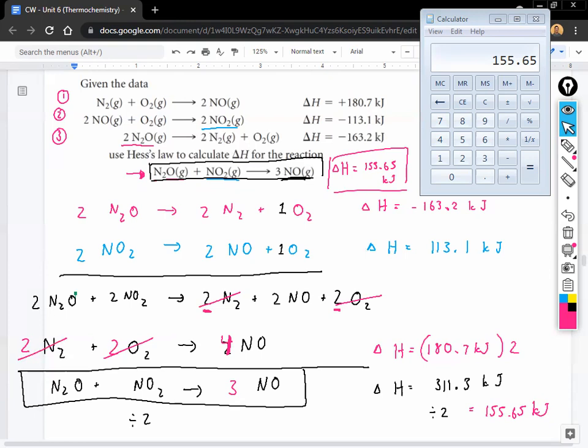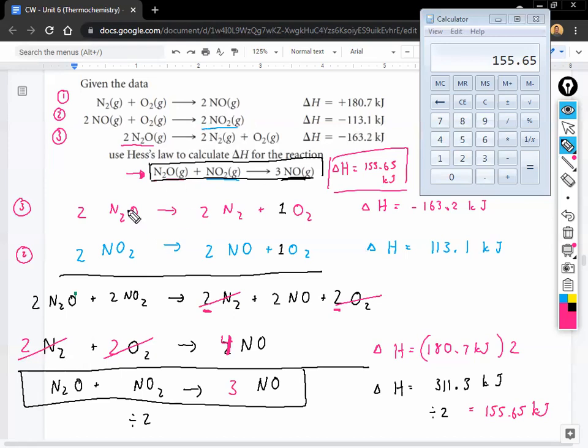Yeah, what's up? So what we did was we had 2 NO2 right here, which was equation number 3, right? And so the delta H was 163.2. This one was equation 2, and it was negative 113.1, but we had to flip it, right?